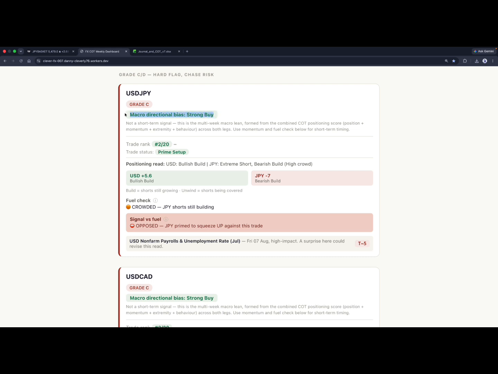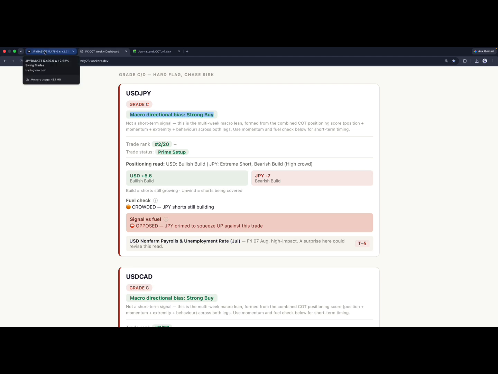Again, not a short-term read, but the overall thesis of the pair's direction. So even though it had an excellent trade rank, prime setup was there, we did get this warning signal. Everyone's short it. When they buy it back, it rallies straight into your trade. So signal versus fuel, opposed.